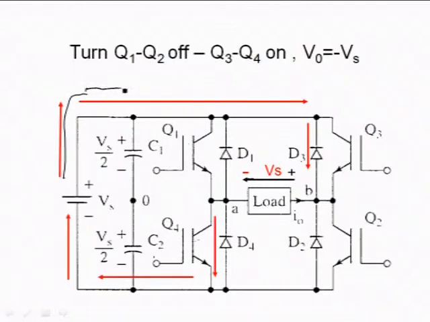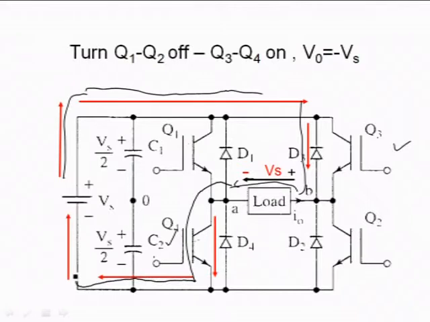This is the direction of flow when Q3 and Q4 are on. See that the direction of current through the load gets reversed. The previous direction was like this; now this is the direction, through Q3, Q4 and the voltage source.